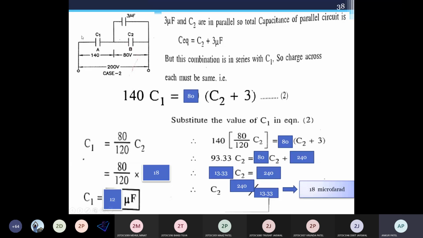Whatever combination is given, series or parallel, according to that you need to find the equivalent capacitance and accordingly you can write the charge stored equation. So this is C1 and C2.